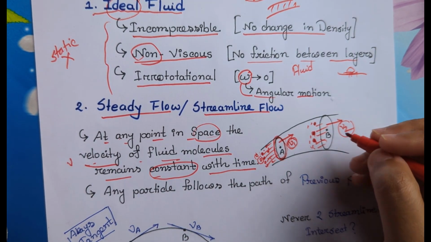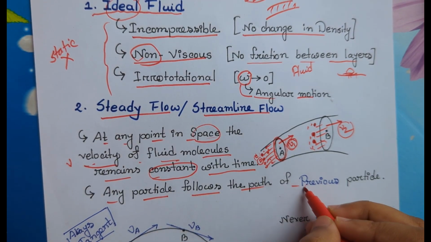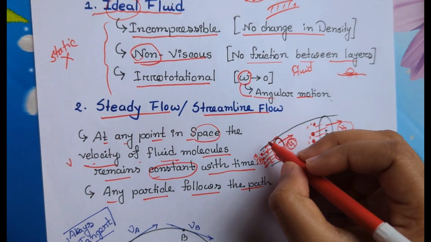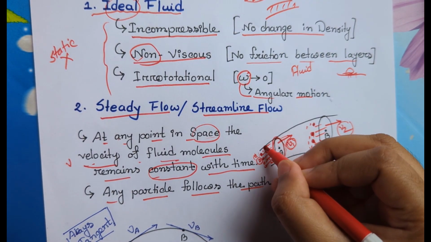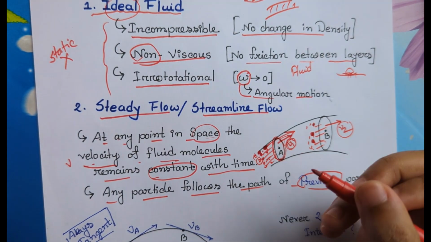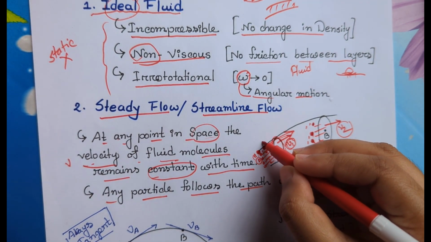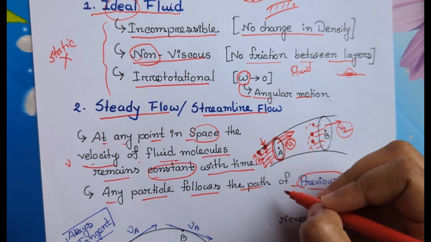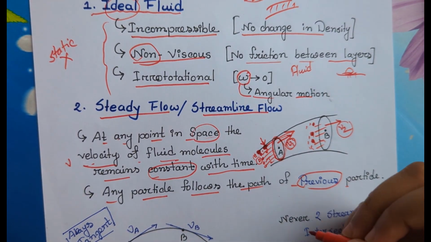Another thing is that any particle follows the path of the previous particle. Suppose this is our first particle, it will go this way, and behind it there will be another particle, so this second particle will follow the previous one. The second will follow the same path as the previous particle.